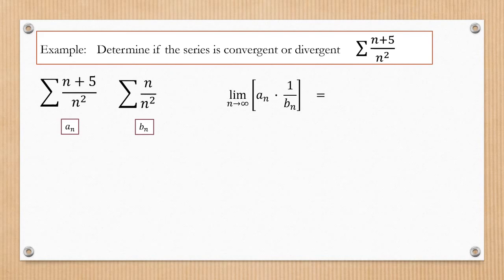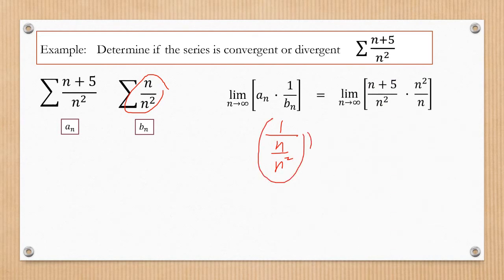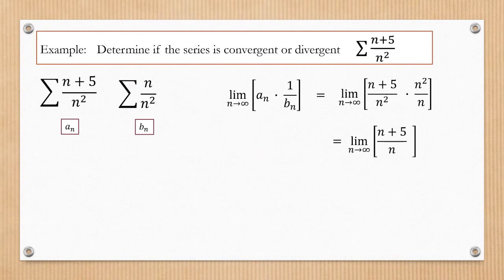For 1 over Bn, that will be equal to 1 over n squared. When we simplify this, n squared cancels, and so we have the limit of n plus 5 all over n as n approaches positive infinity.